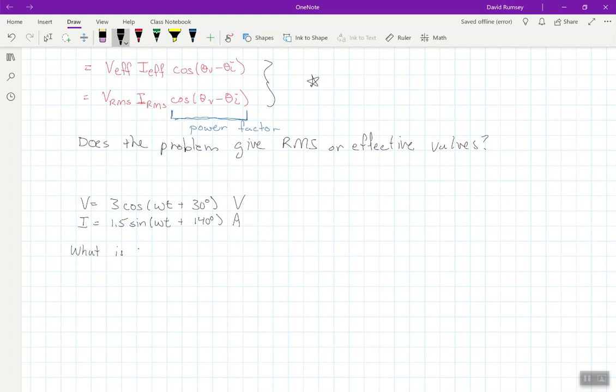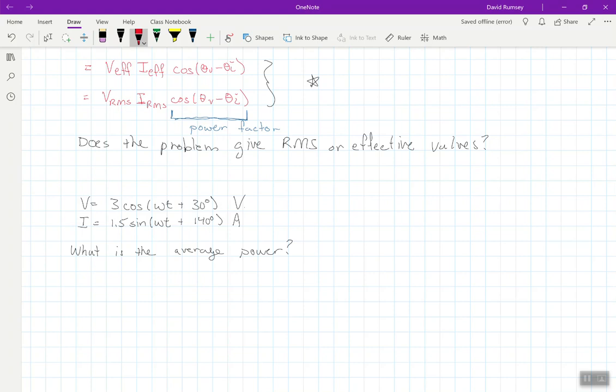What is the average power? Well, first off, we need to recognize the fact that I am given non-RMS values. Nowhere does this say anything about these being effective or RMS. How would you know?